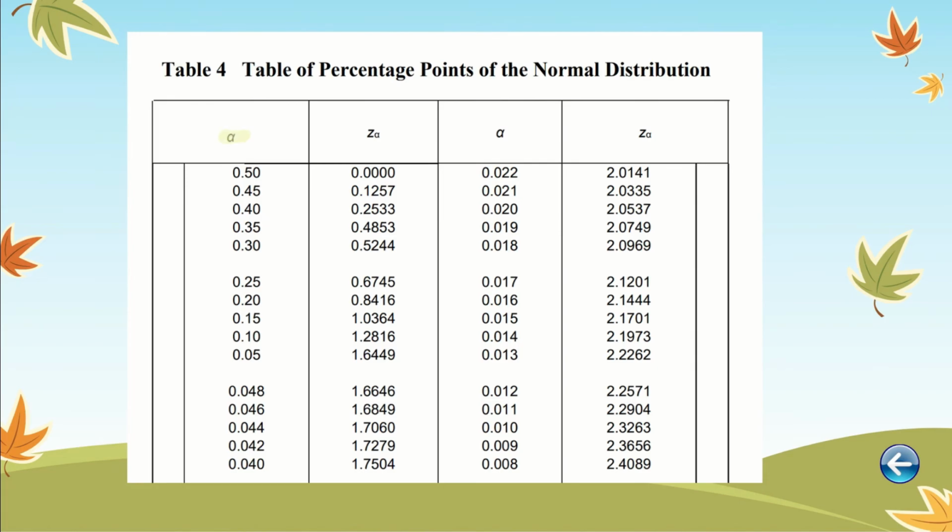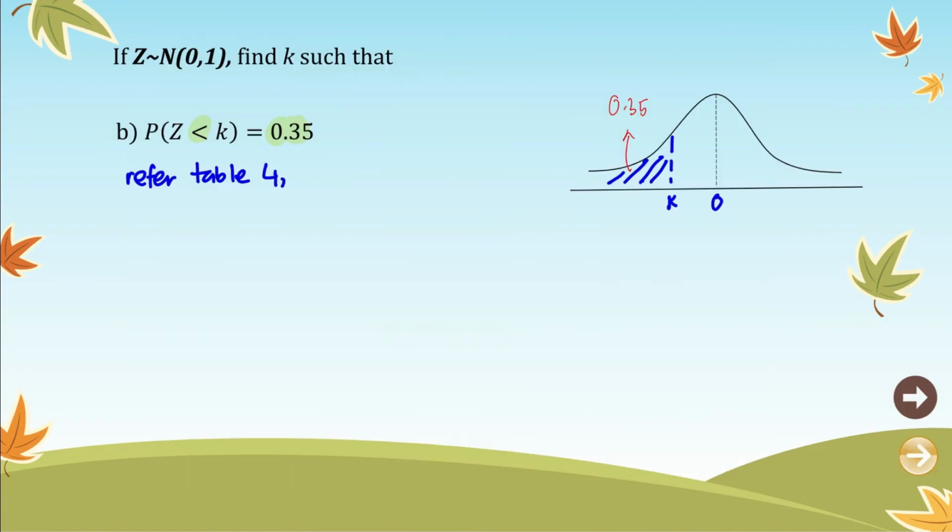For table 4, we refer whether in the first or third column. We find the value 0.35. Then we will get the Z score 0.3853. So we can write Pz less than 0.3853 equals to 0.35.